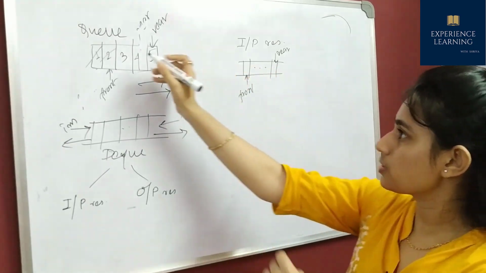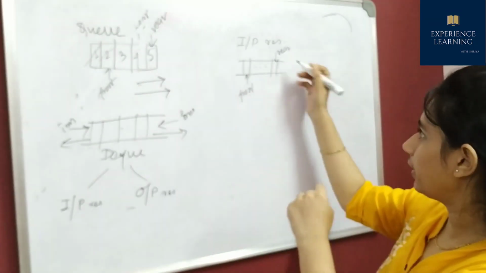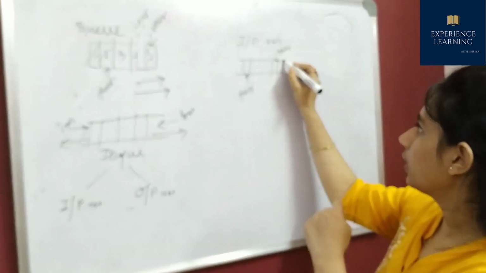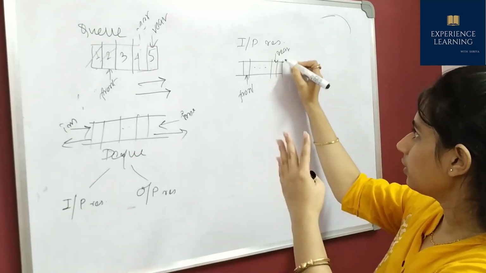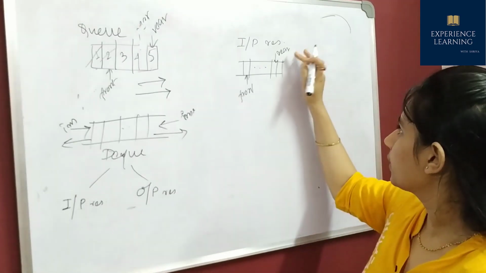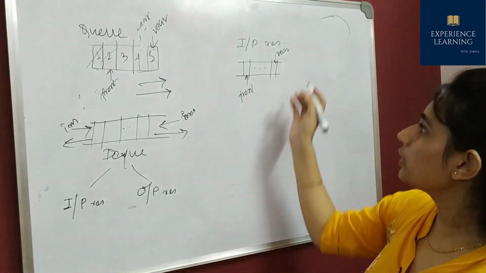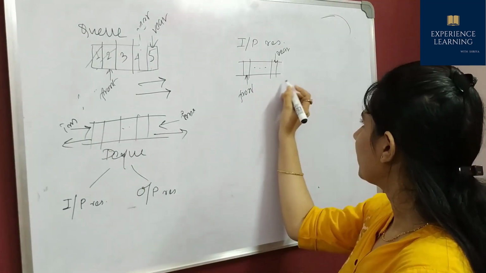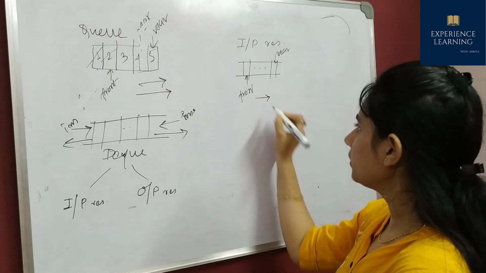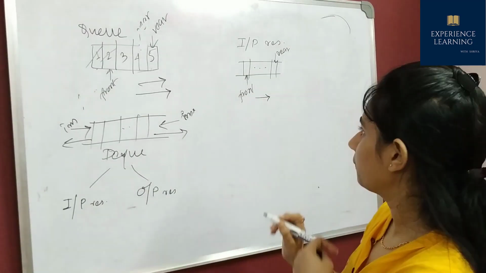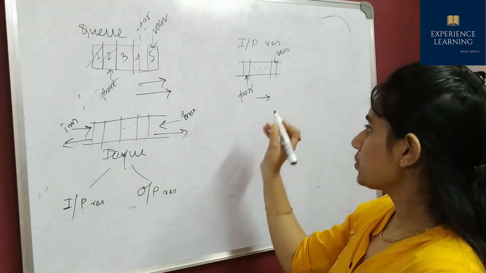That means first 1 will be inserted, then 2, 3, 4, like this. If rear is now here, then insertion is possible after that, like this.